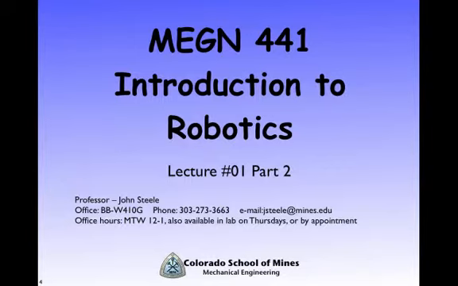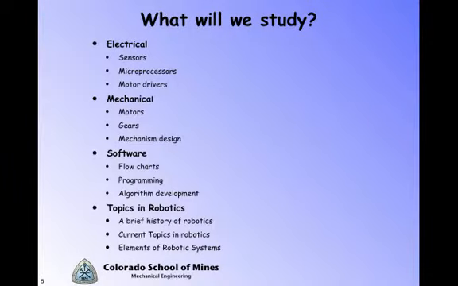But in today's discussion lecture, I'm going to talk about really what the course is about. You may recall from the other video that I finished off by saying, so what are we going to study? Remember that robots are really the best example, I think, of mechatronic systems.